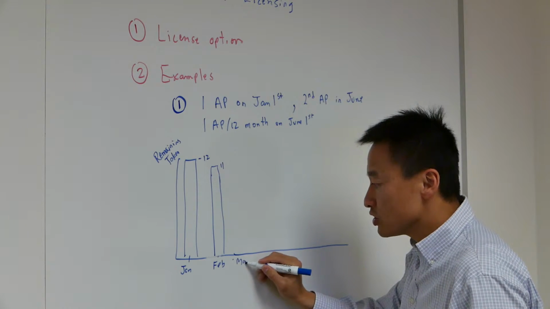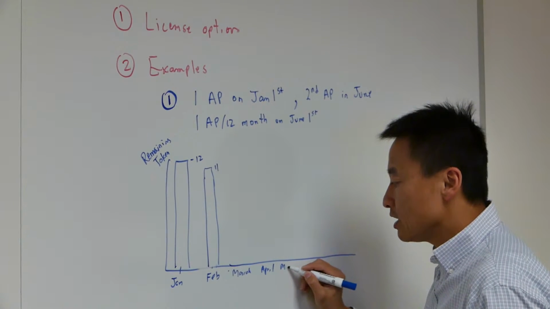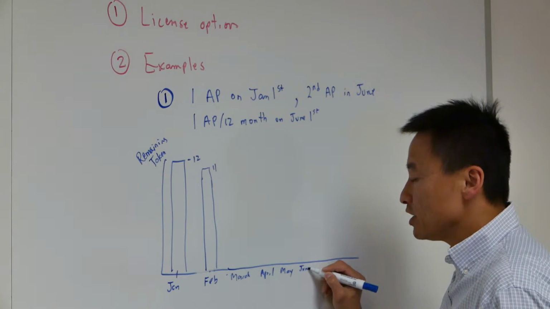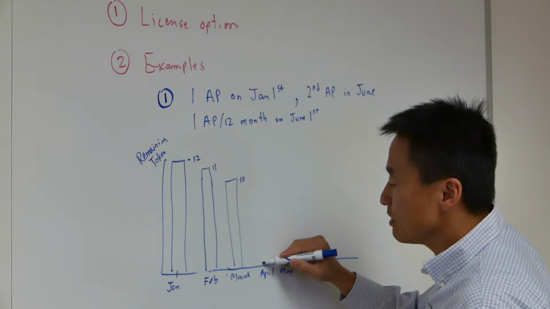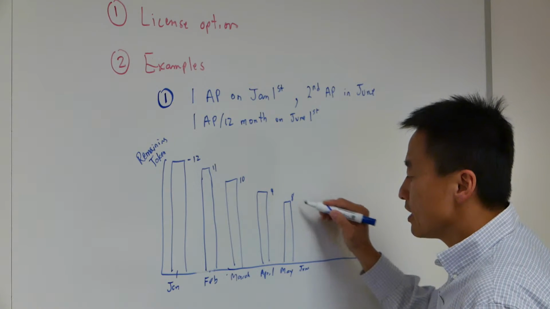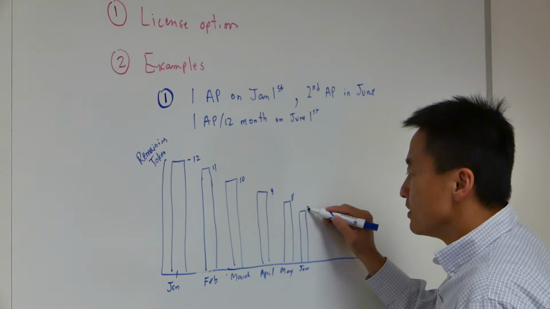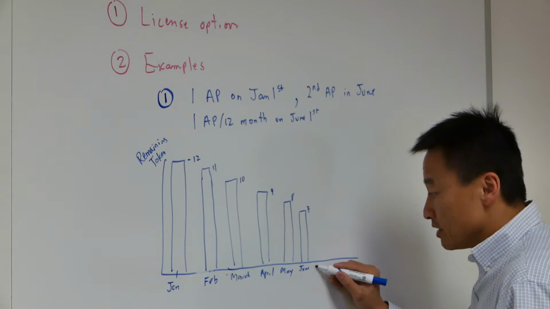Let's say March, April, May, June. Each one of these months you basically deduct by 1: 10, 9, 8, 7. In June, you add another AP here.